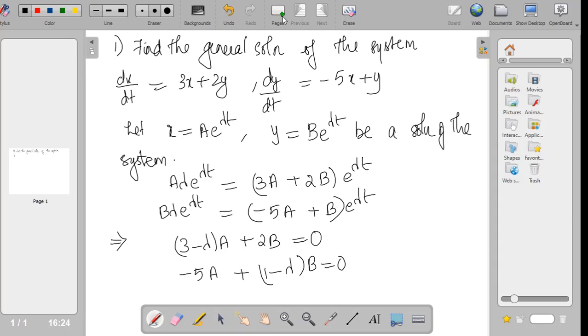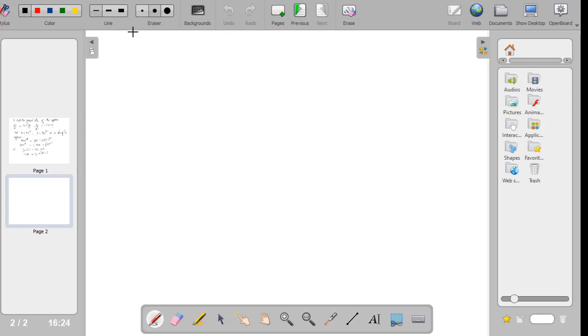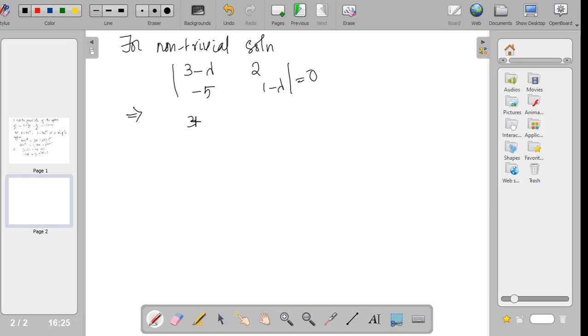So this system will have a non-trivial solution when the determinant is equal to 0. So for a non-trivial solution, the determinant with entries 3 minus lambda, 2, minus 5 and 1 minus lambda equals 0.